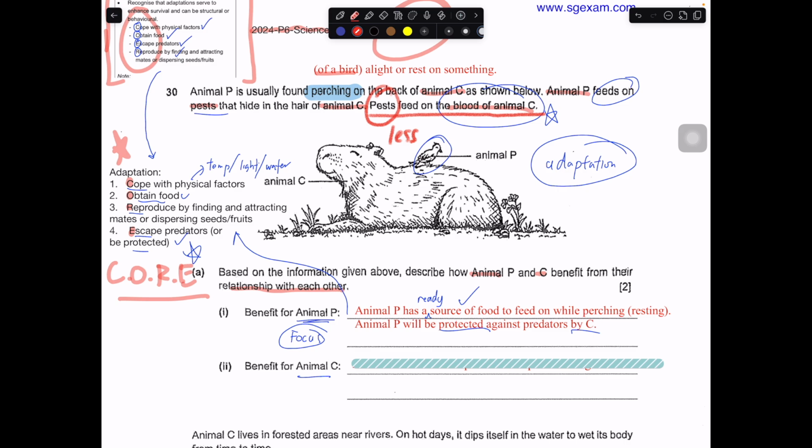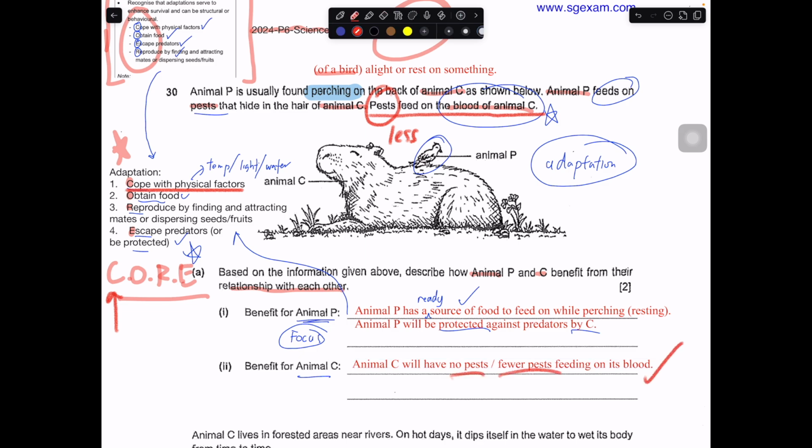It's actually coping with physical factor. The physical factor that is bothering the animal here is the pest. So I'll put it as the first letter. Animal C will have no pests or fewer pests feeding on its blood.